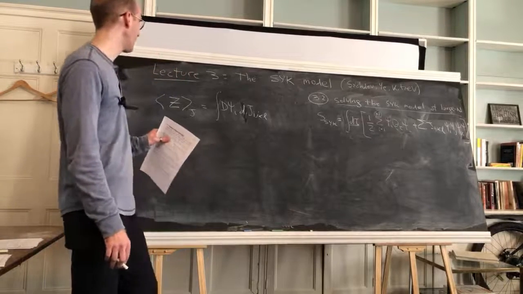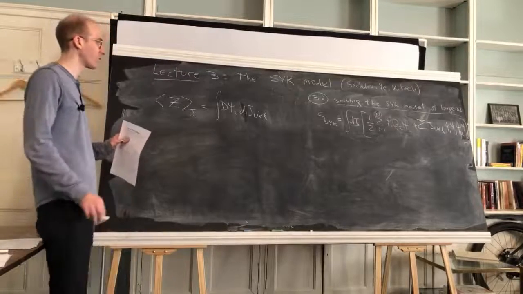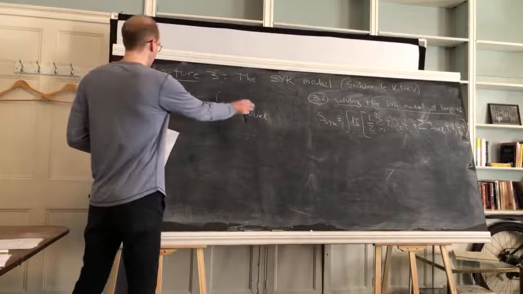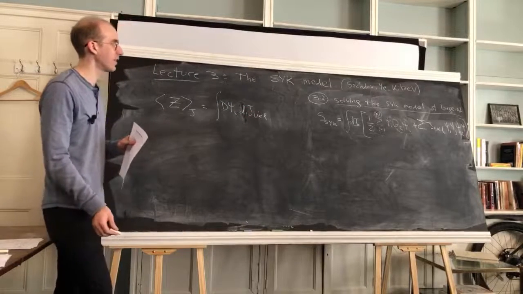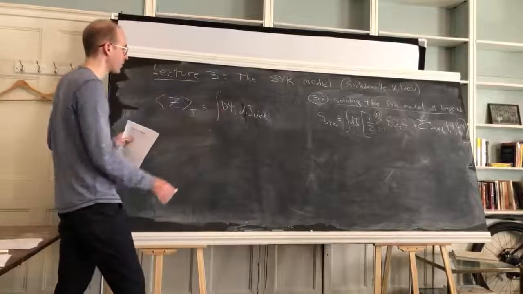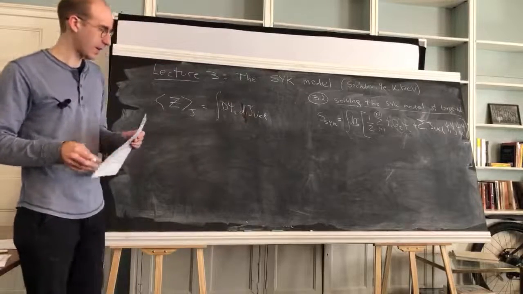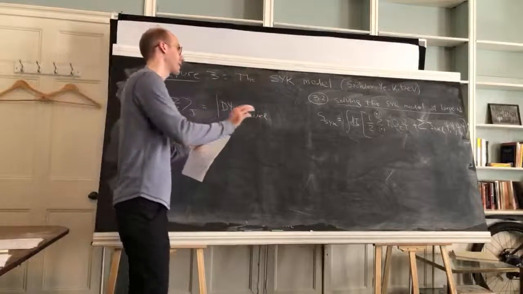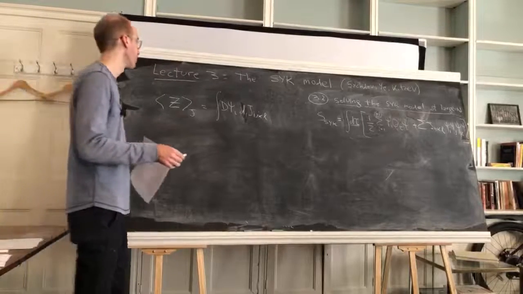Because I'm well over time, I will sketch this calculation and try to convince you that this expression will simplify a lot in the large n limit. There will be an n appearing in front of this action over here, and you can take the saddle point approximation and get the Schwinger-Dyson equations just from this path integral perspective.